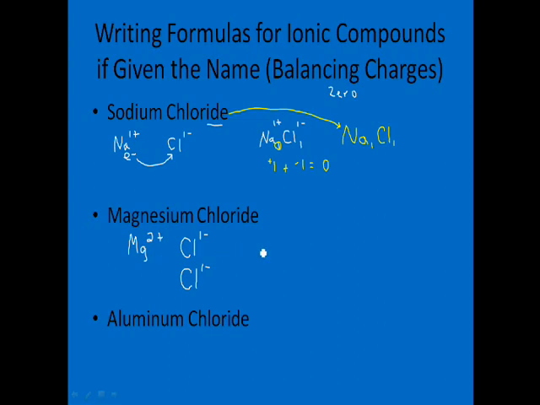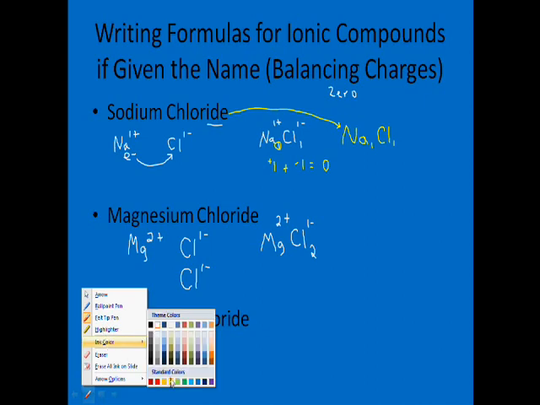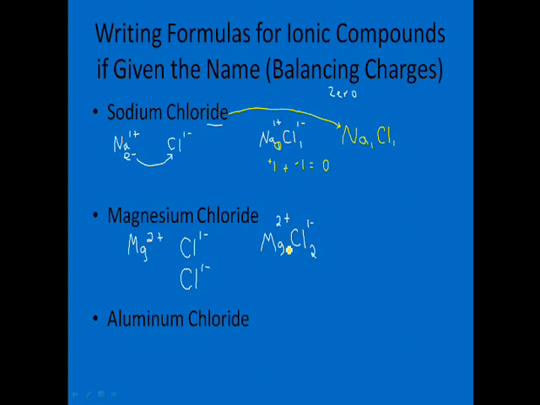So it looks like I'm going to need, magnesium has its 2 plus. Each chlorine has its 1 minus, so it looks like I'm going to need 2 of those, which is what it shows here visually. Again, let's make sure that we've balanced our charges correctly. Put a little 1 down here. I have one thing that's 2 positive. 1 times 2 positive is plus 2. 2 times 1 negative is negative 2.